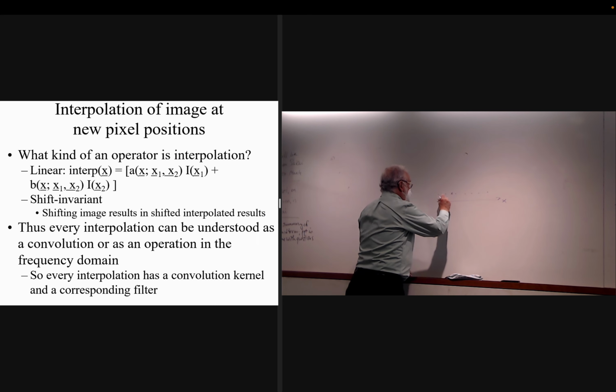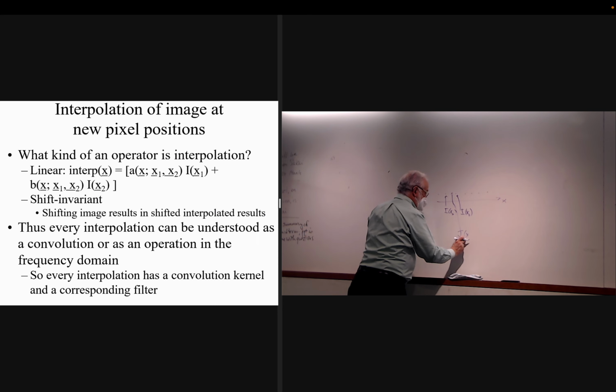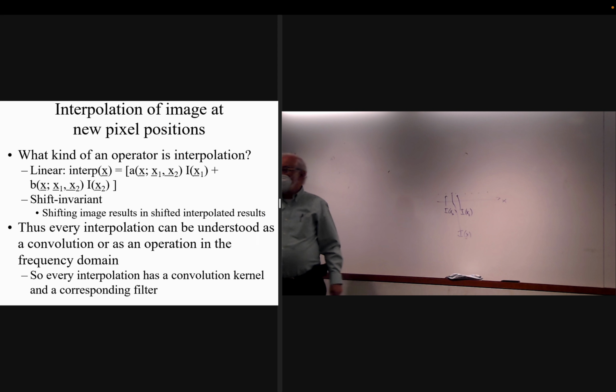We have an intensity at x1 here, an intensity at x2 here, and we're interested in getting an intensity at some value of x here. We'll worry about two-dimensional and three-dimensional interpolation in a minute, but right now, one-dimensional, simple linear interpolation.